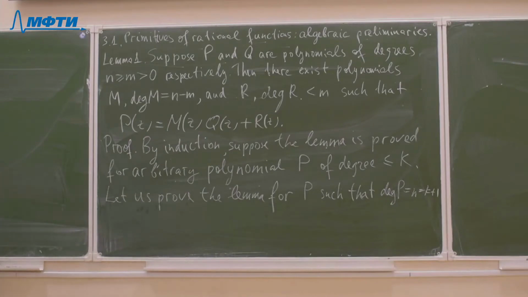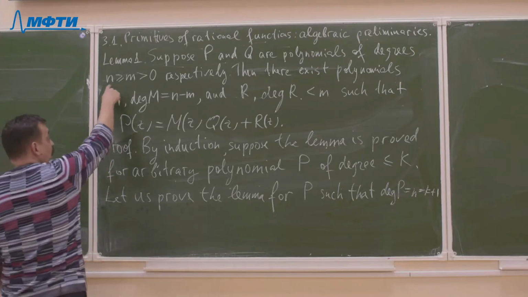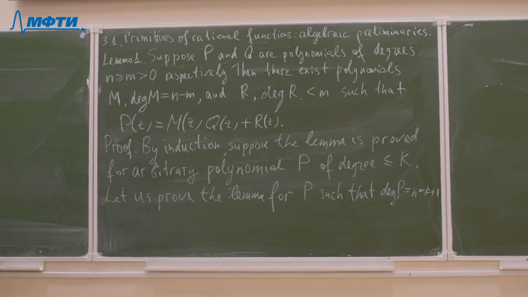So now we suppose that the degree n is just degree k plus 1.